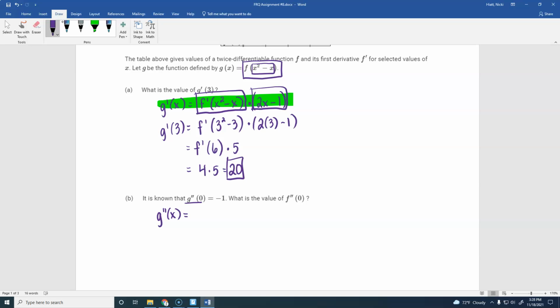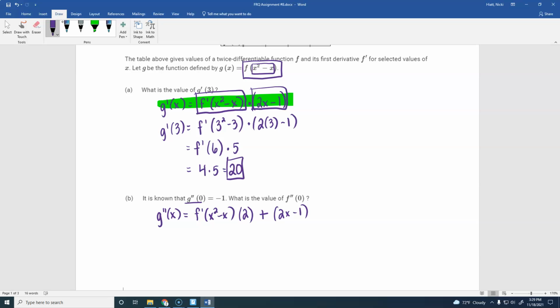So you're going to have f prime of x squared minus x, just leave your f prime of x alone, times the derivative of 2x minus 1, which is 2, plus 2x minus 1, make sure you got parentheses around that, times the derivative of f prime of x squared minus x.